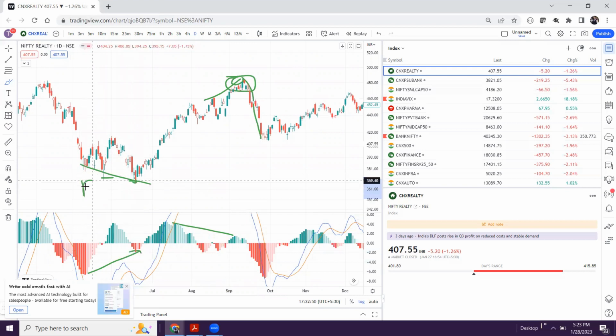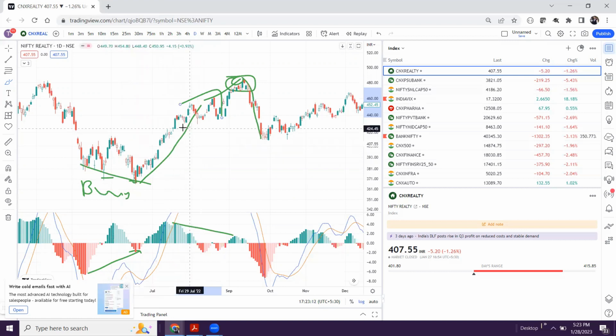So this is a bullish divergence. Whenever this happens, the analysis says that price can reverse to the upside, and the same happened here. So you can see how simple, using this simple indicator and simple concept, you can easily trade.